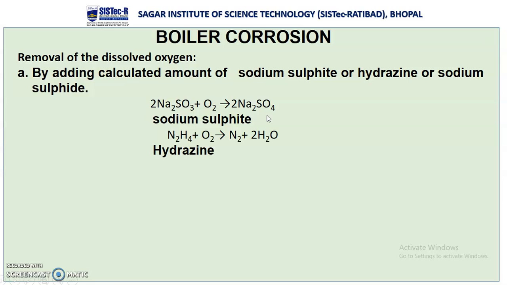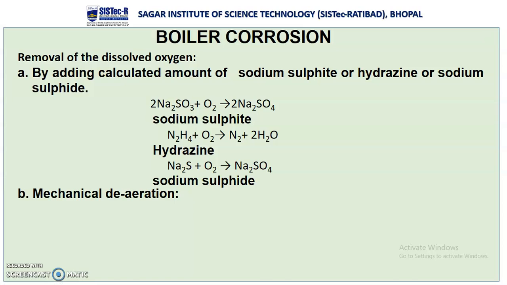The reaction between hydrazine and oxygen gives nitrogen, and nitrogen escapes out from the boiler water. So this is the chemical method to remove dissolved oxygen from water.